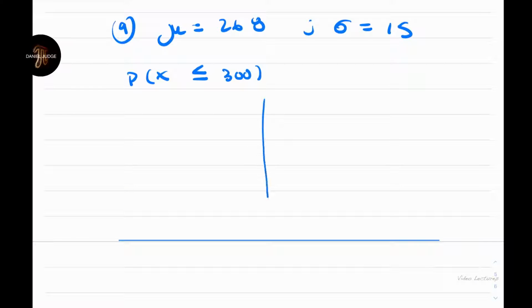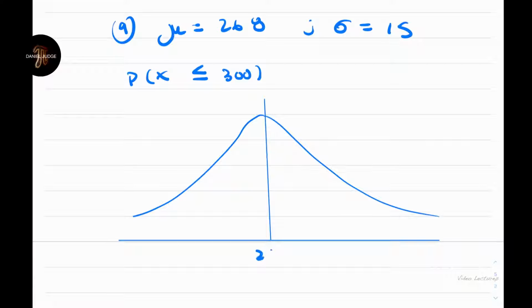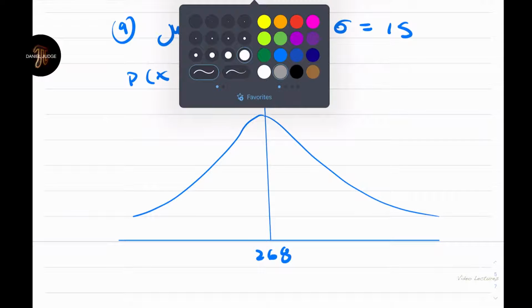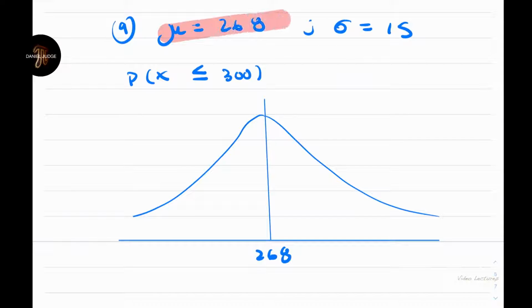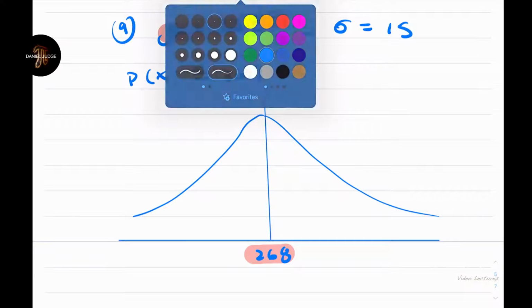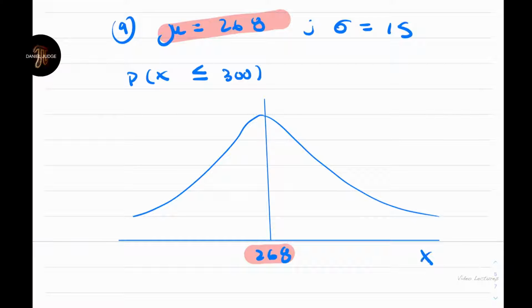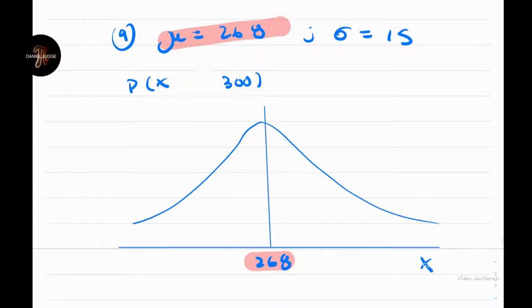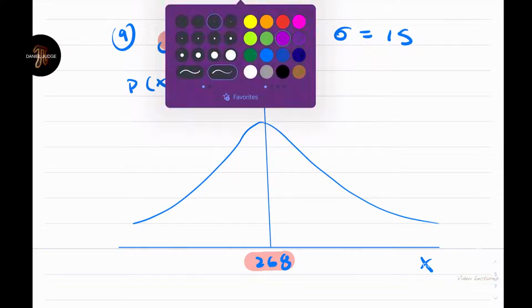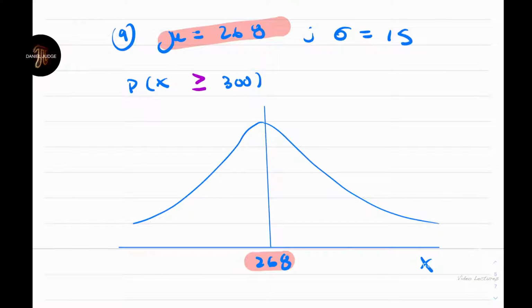I would never attempt to do this without a picture of the question. In the center is your mean of 268, the center of the bow. Now, this is the number of days being pregnant. So the probability that you're less than or equal to at least, wait a minute, I think we made a mistake. At least is 300 or more. That's greater than or equal.